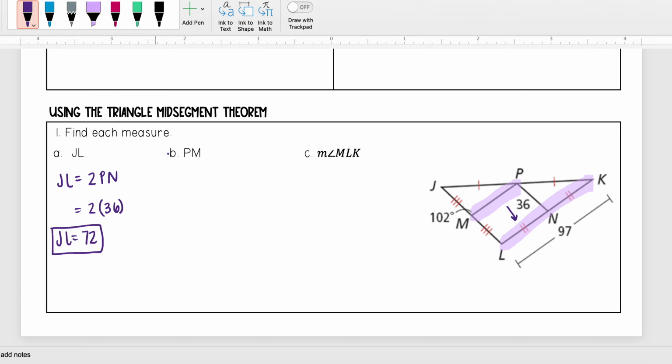So in other words, I know that PM is half the length of LK. Well, I see that LK is 97. So when I take half of 97, I get 48.5.